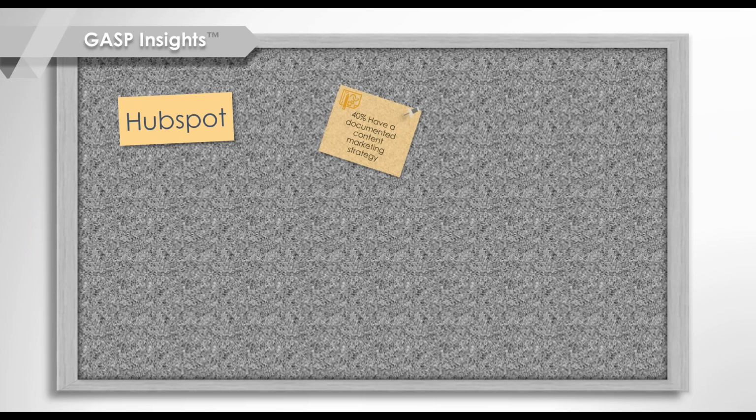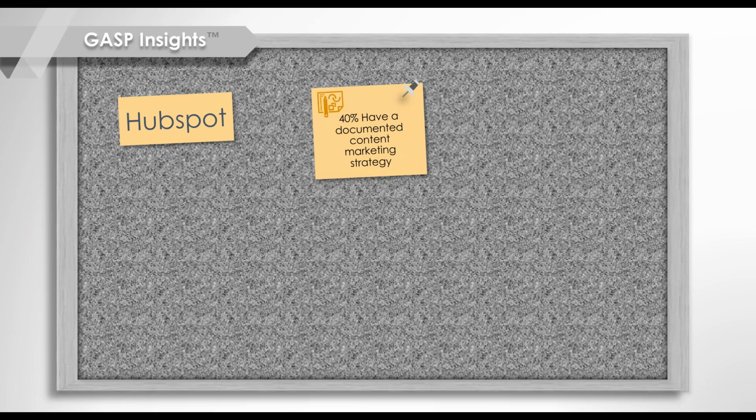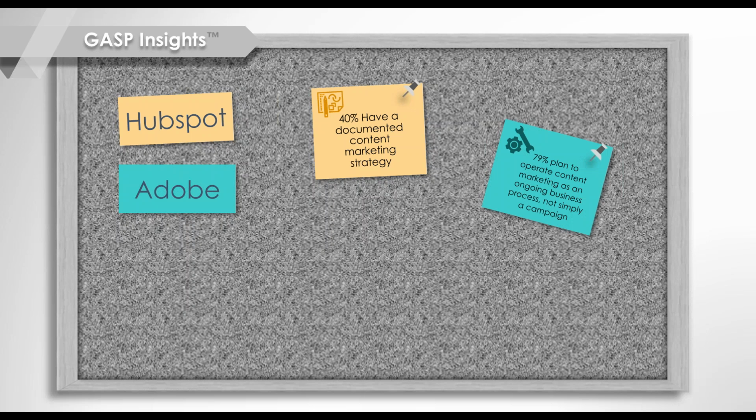Now, the next bit, go and have a look at some key content marketers. HubSpot. We know that 40% of companies are saying that they have a documented content marketing strategy in 2017. Have a look at businesses like Adobe. We also know that 79% of businesses plan to operate content marketing as an ongoing process, not simply a campaign.